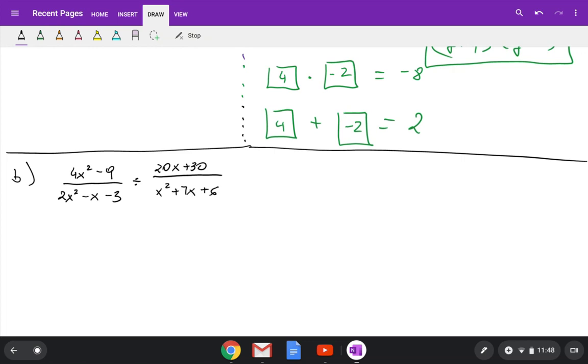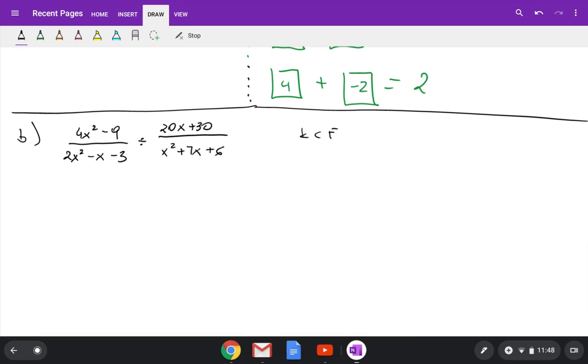So step number 1, we're going to change division to multiplication. Keep, change, flip. So we keep the first fraction. We're going to change division to multiplication, and we're going to flip over the second fraction.